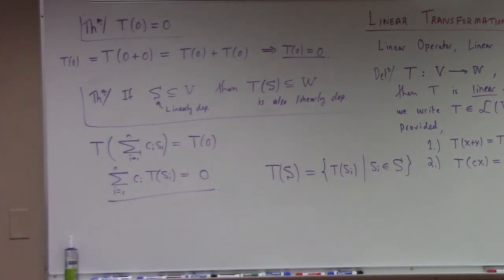So how about this then? Next question. We'll stop for today. But what if S was linearly independent? Would the image of a linearly independent set under a linear transformation be linearly independent?